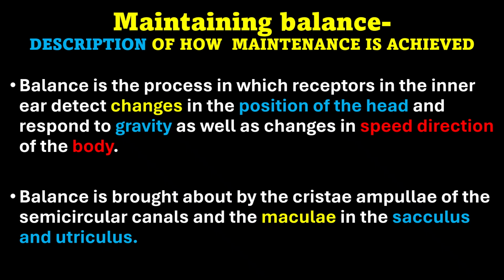So how is balance achieved? Balance is brought about by the cristae in the ampullae of the semicircular canals, and then the maculae in the sacculus and utriculus.